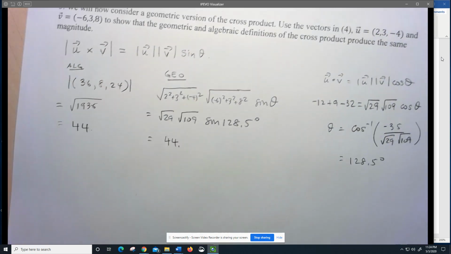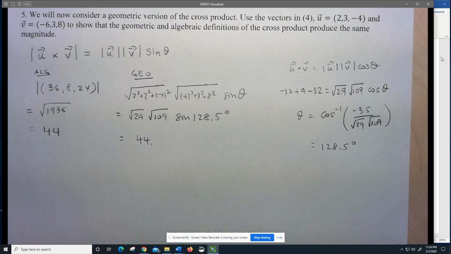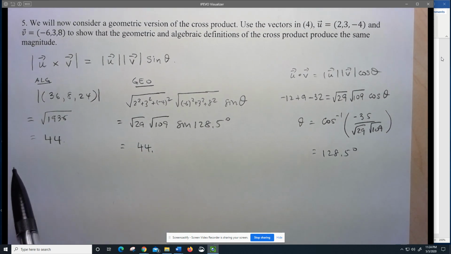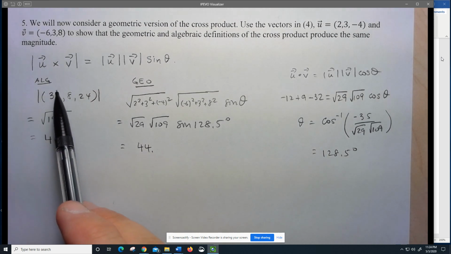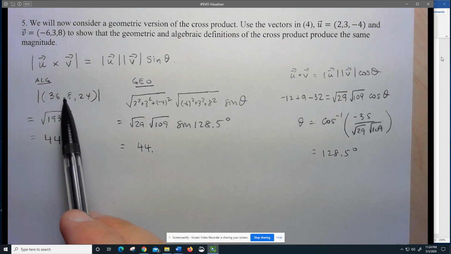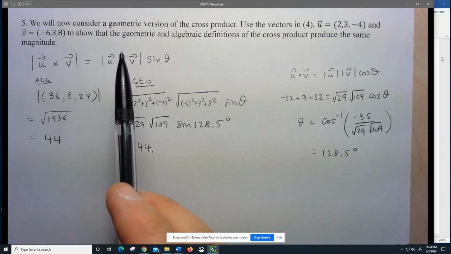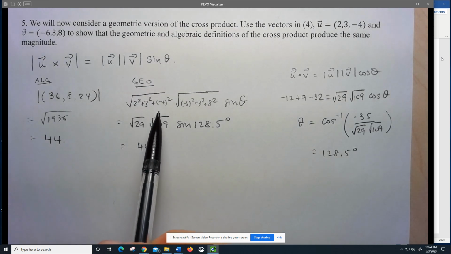Okay, so this goes to show, or at least it's not a proof, but certainly shows that it makes sense that these two definitions, the algebraic one that we used before and the geometric one that we just defined, give you the same answer.